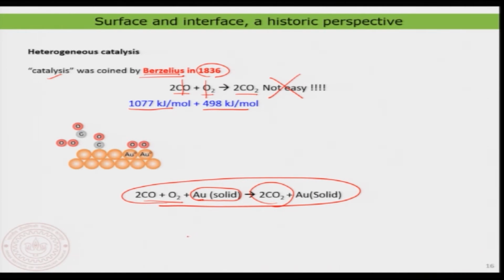How does this happen? Now you have gold atoms present, arranged in a very well ordered manner, because we are using crystalline gold, let us assume. So, I have gold 0 atoms, that means neutral gold is present, and now when I do the chemical reaction in the presence of gold, carbon monoxide and oxygen molecules will start to adsorb onto the surface of gold like this, right.